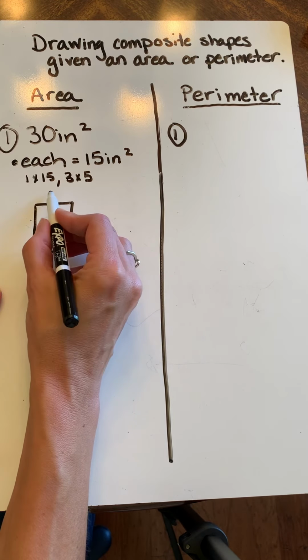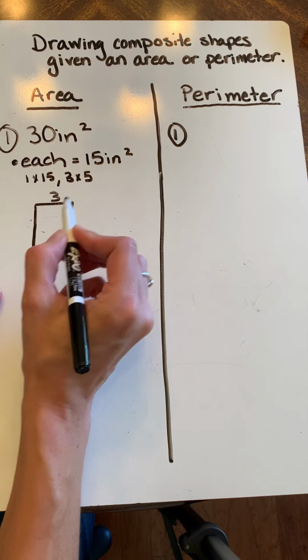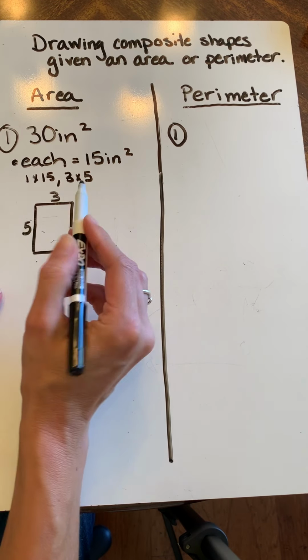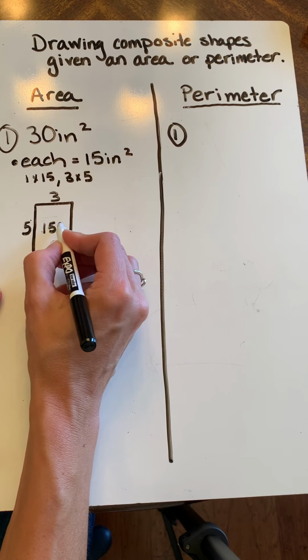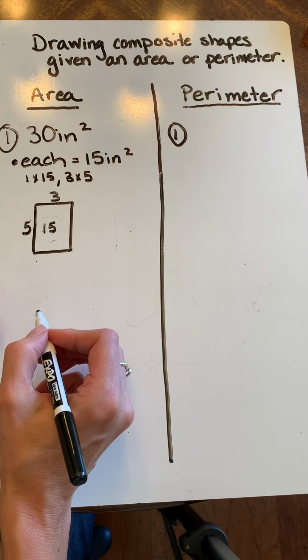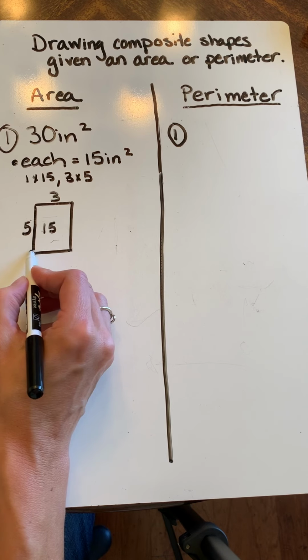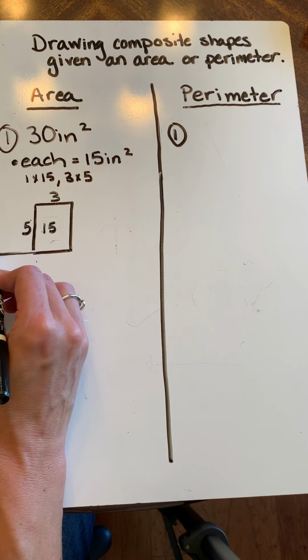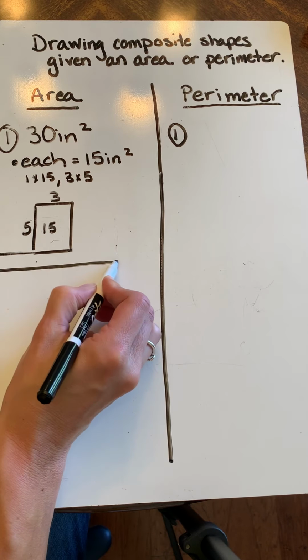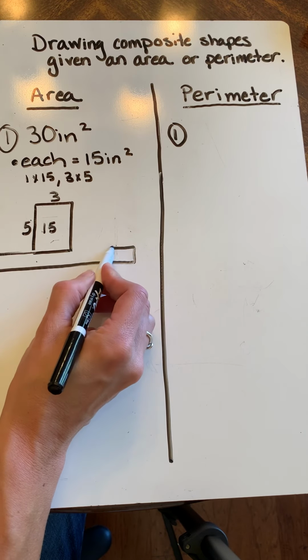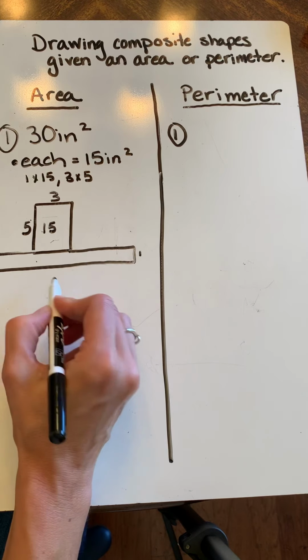So if I label this a 3 by 5, I know that 3 times 5, the area of this shape, would be 15 inches squared. Then I'm going to put across the bottom of this a 1 by 15.